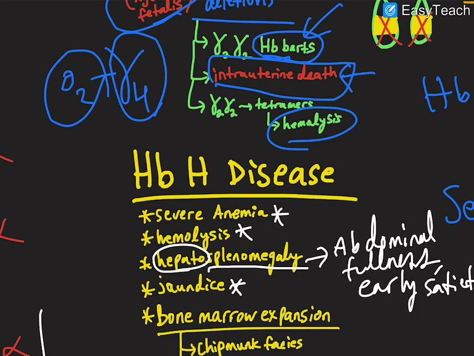If you have a lot of extravascular hemolysis going on, which is what we see in this, you're going to get a lot of indirect bilirubin released into your blood. And we know that high levels of bilirubin can lead to jaundice, which is a yellowish hue in your skin and your sclera, for example. So that's why you get jaundice because of the extravascular hemolysis.